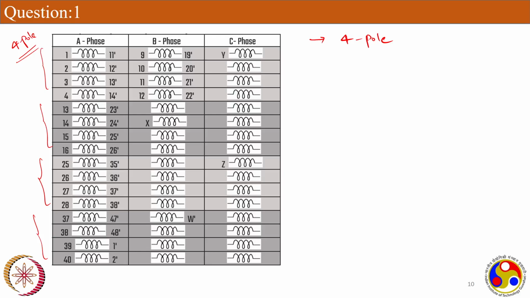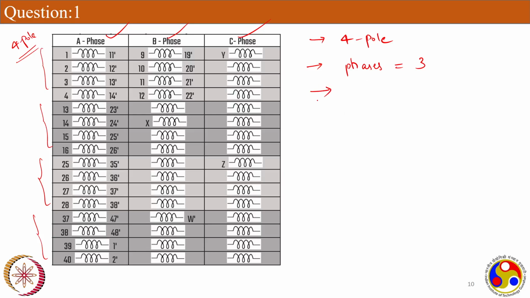I will ask pretty simple questions, and I want every one of you to answer. How many phases are there here? Three, sir. Yes, three phase, because it's given A, B, C. These are all first inferences from the diagram. What are the first things we can easily see from the given winding diagram?